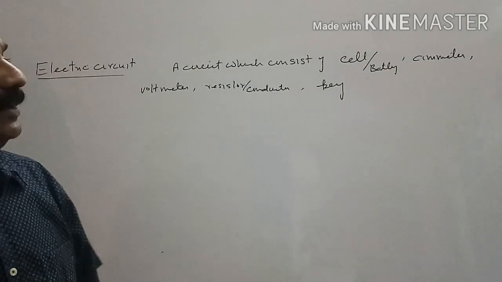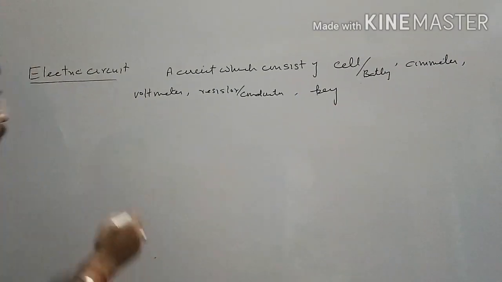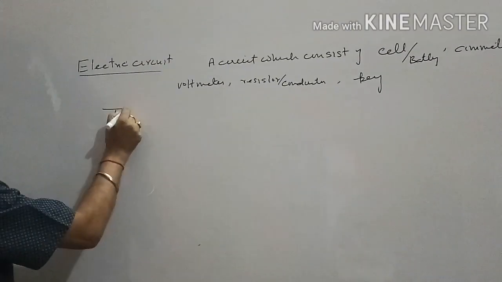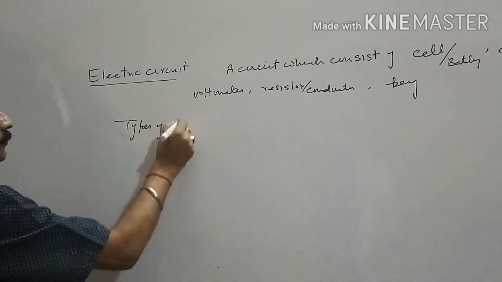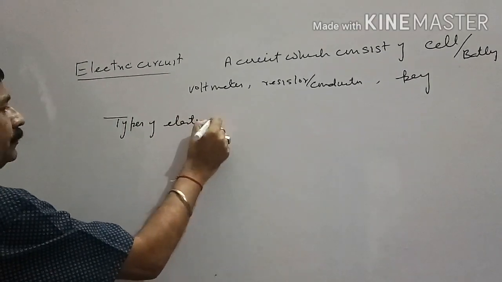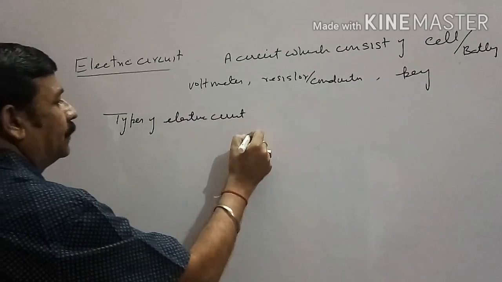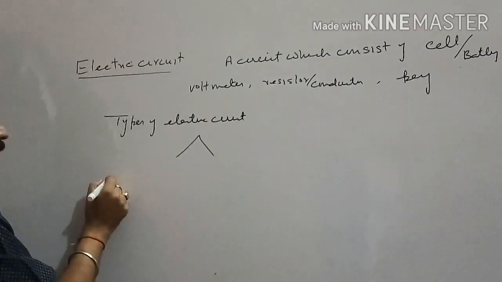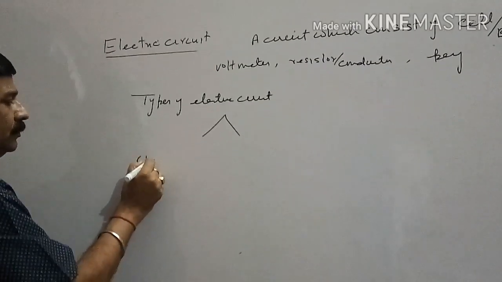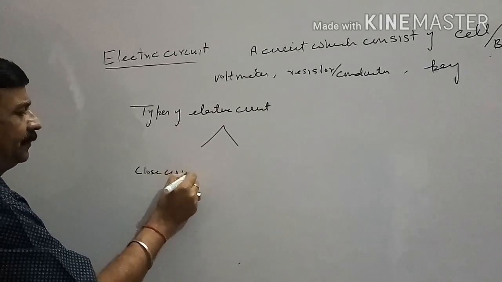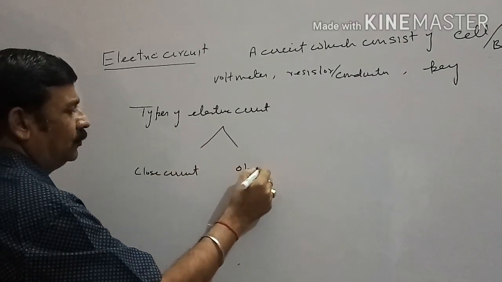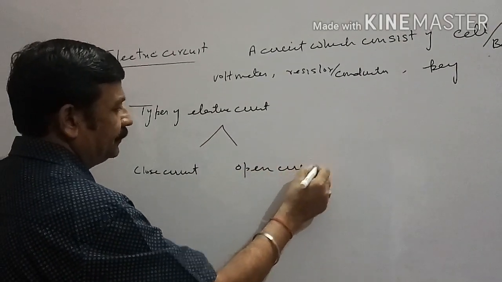There are 2 types of electric circuits. Number 1, closed circuit, and number 2, open circuit.